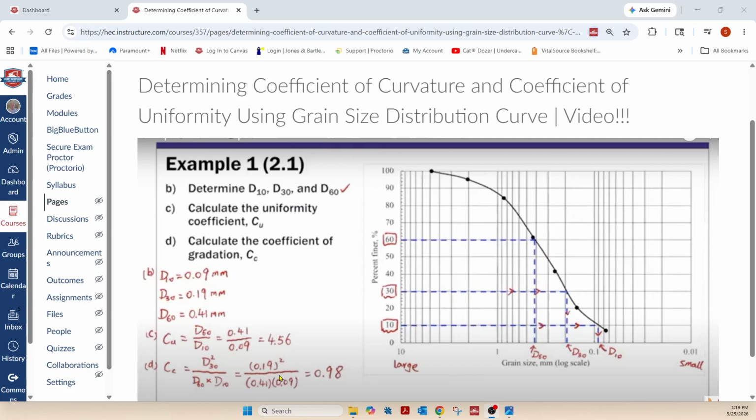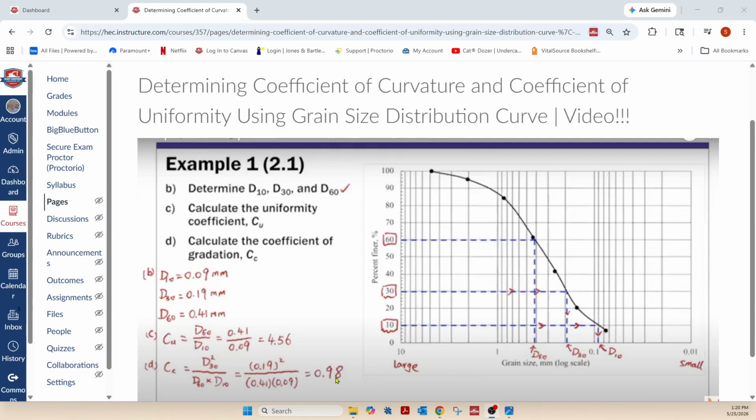Now we've done all of that up here. We arrived at these results: for uniformity, we have 4.56. For curvature, we have 0.98.